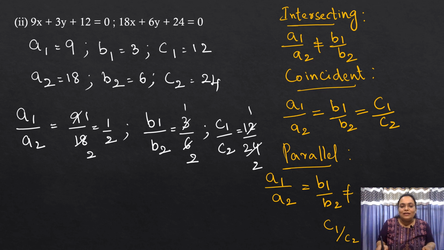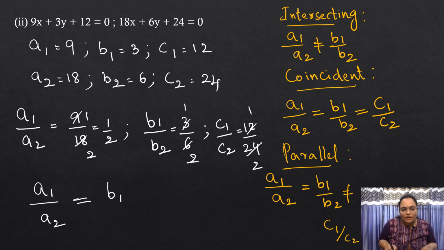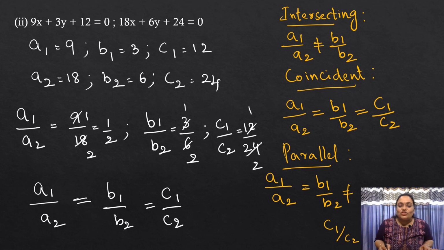So we can see that all the ratios are equal. So A1 by A2 is equals to B1 by B2 is equals to C1 by C2. Yes, so this is the condition for the coincident lines.